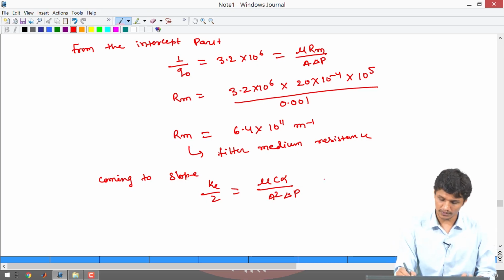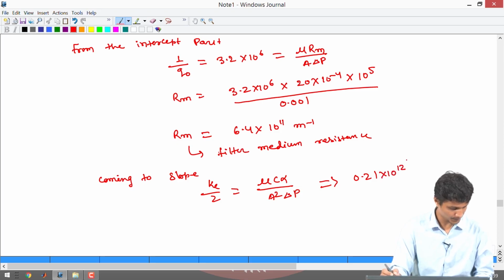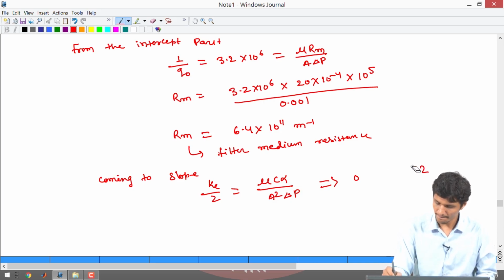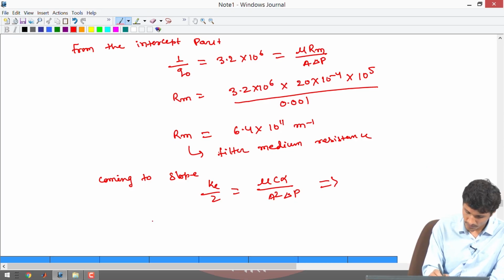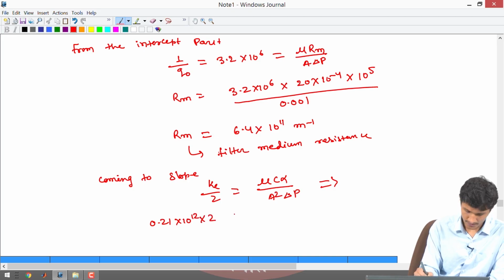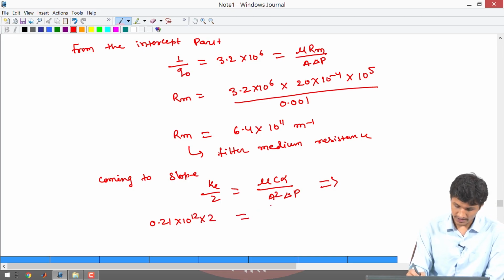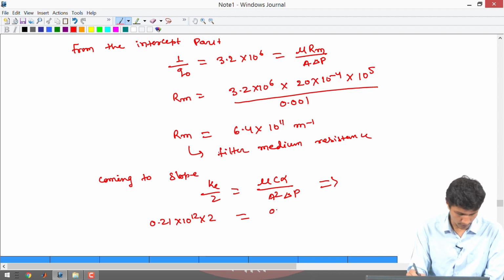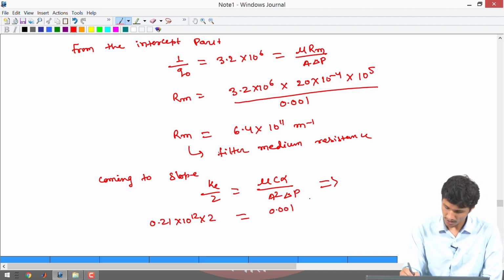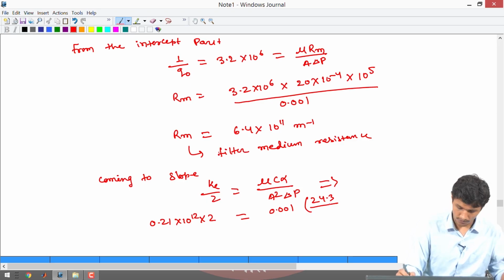The slope we have got from the graph is 0.21 into 10 raised to power 12, equal to, everything else is given: mu 0.001. c is the mass of the cake, 24.3, and the volume of the filtrate is given.